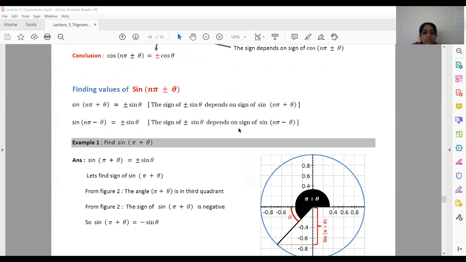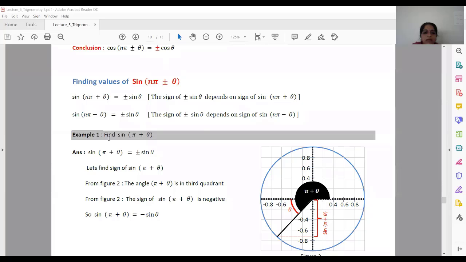See, let's take an example: find sin of pi plus theta. Dear all, you know that for pi, the function remains the same. Sin remains sine and cos remains cos, but whether it is positive or negative depends on the sign of the left hand side.